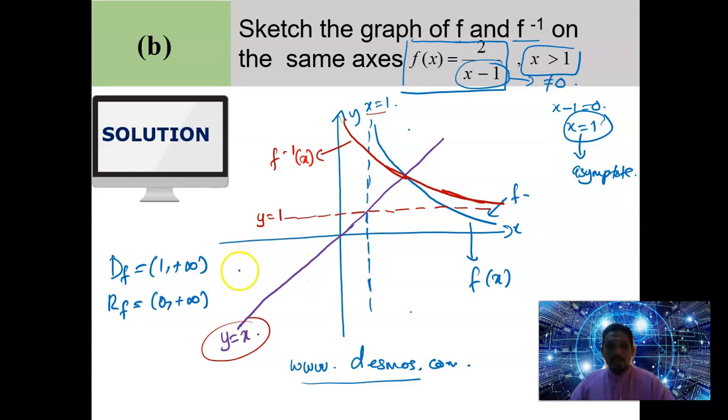And what is the domain of f inverse? The domain of f inverse is the range of f, and the range of f inverse is the domain of f. Okay, so that's all for today.